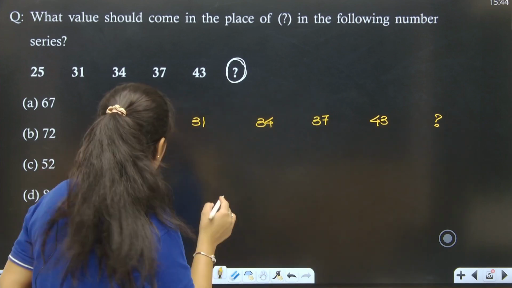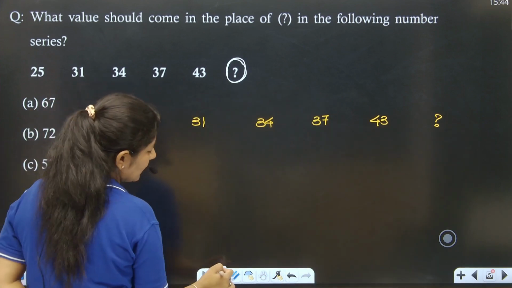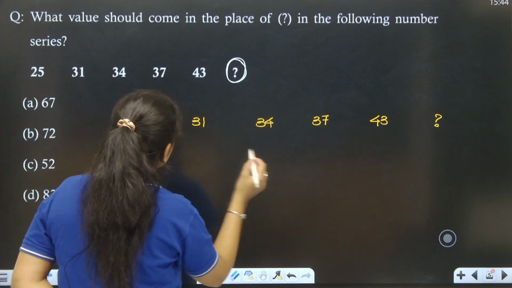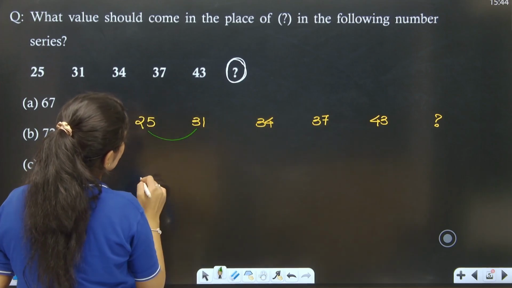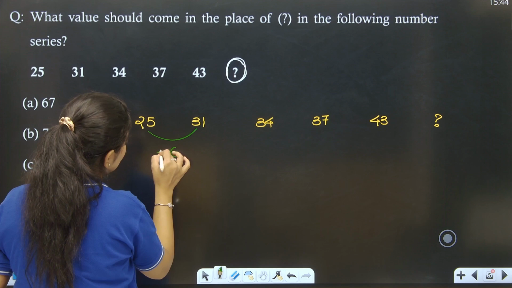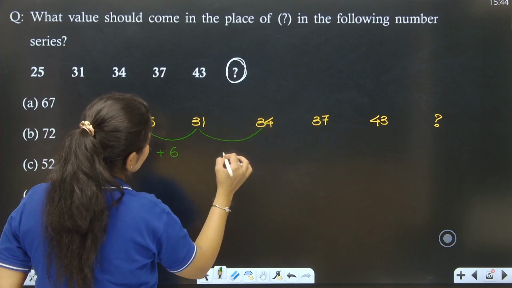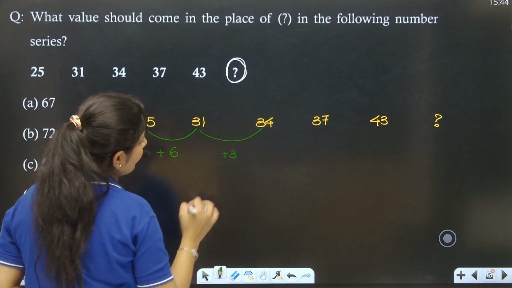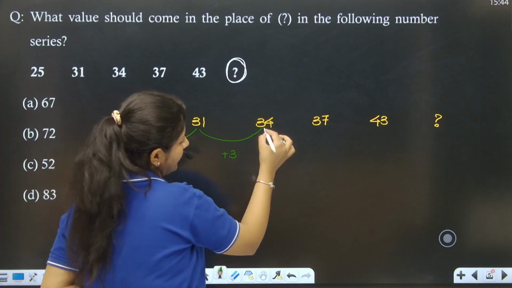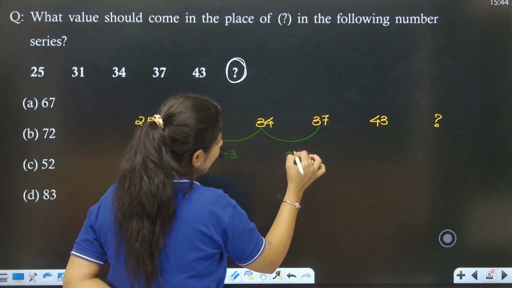If I see the difference between the terms, it is plus 6, but here the difference is only plus 3, half of it. And again here we have plus 3.